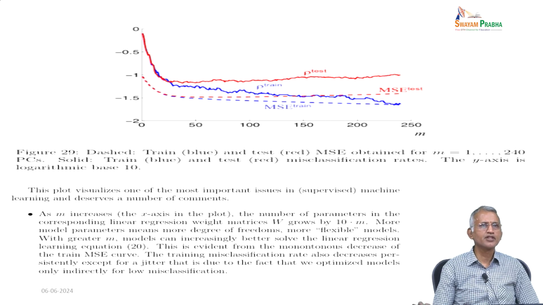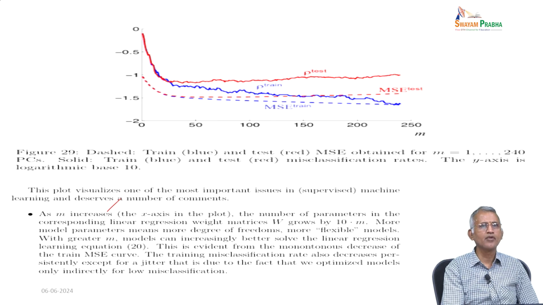So this plot visualizes one of the most important issues in machine learning and deserves a number of comments. As m increases on the x-axis, the number of parameters in the corresponding linear regression weight matrix W grows by 10 times m. More model parameters means more degrees of freedom and more flexible models.